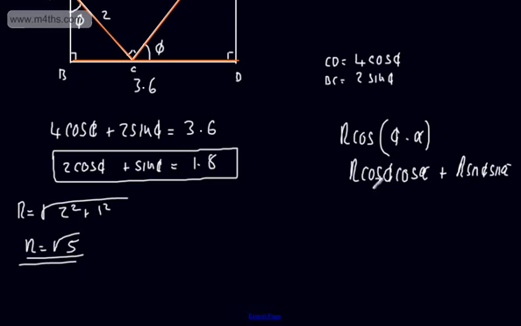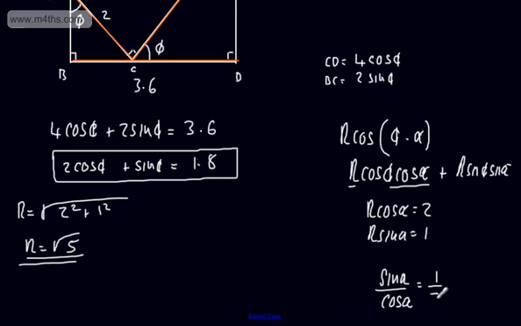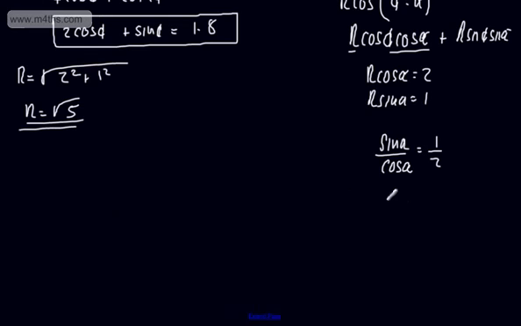So what can we say? Well, what we're looking for is r cos alpha. Just equating the coefficients, r cos alpha is going to be 2. We can see that r sine alpha is going to be 1. So if we want alpha, we can say sine alpha over cos alpha is going to be equal to 1 over 2. So we can say from here that tan alpha is going to be 1 over 2.